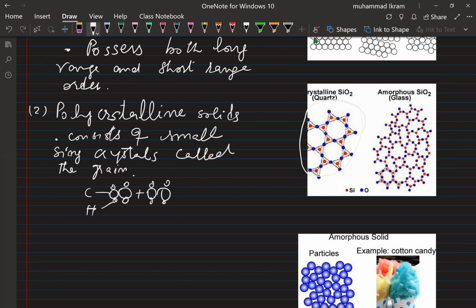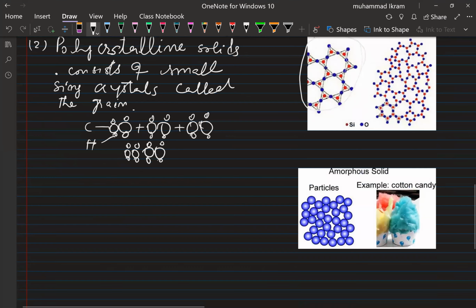When they add up, they will give you the polythene crystals. When you combine them, they form the combined shapes of those small crystals. This is an example of the polycrystalline solids.